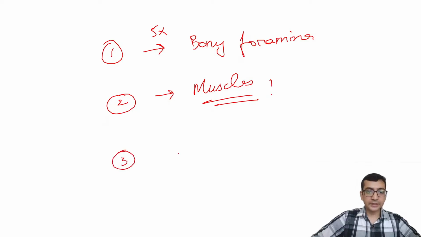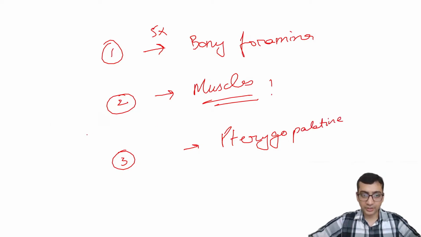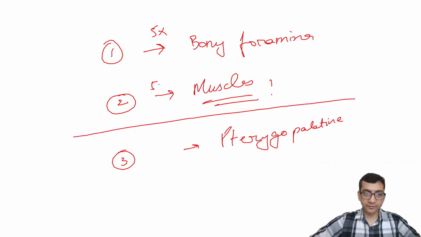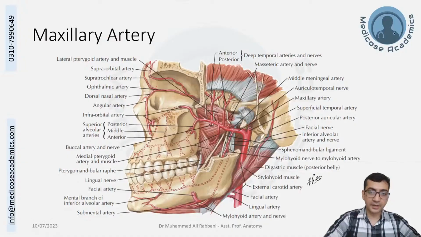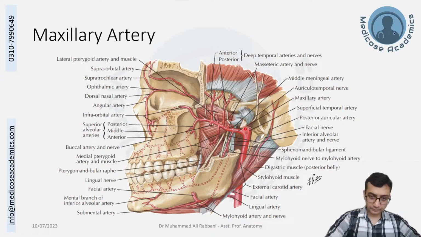Part 3, they are in the pterygopalatine fossa, so we will read about them in that topic. Here I will be discussing these two sets of 5 and 5 branches: the 5 branches going into the bony foramina in the first part, and the 5 branches going into the muscles.